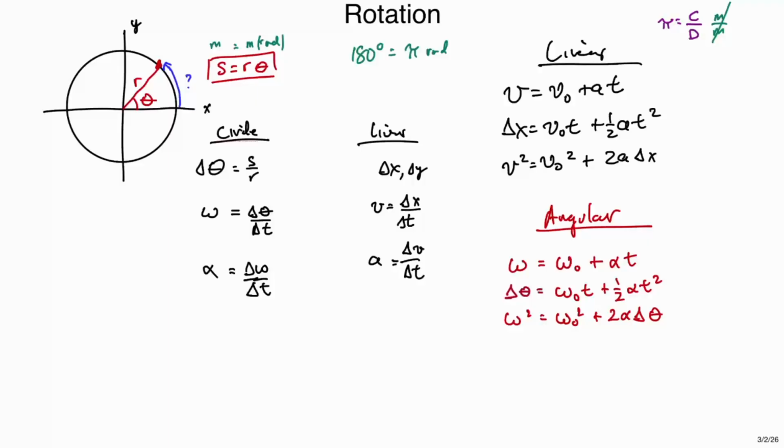Are these new equations? No, they're not. They're the same equations we had back in chapter 2 with different symbols in them. But the relationship, the problem-solving method, everything else stays the same. It doesn't matter that we're in a different coordinate system.